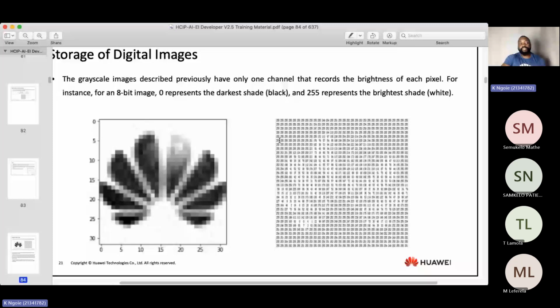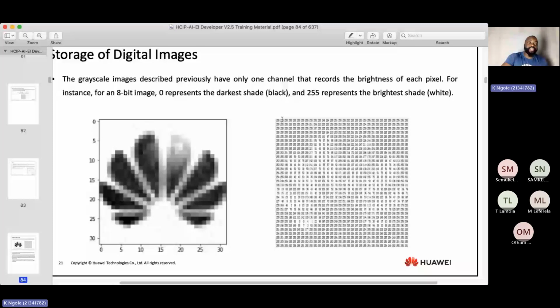Now, if you are creating a neural network, it means each of these numbers will be in the neural network. Can anybody tell us how many nodes we are going to have in the first layer of our neural network?